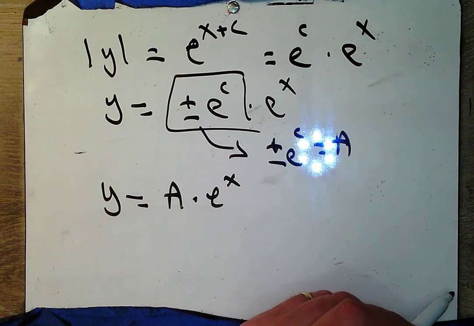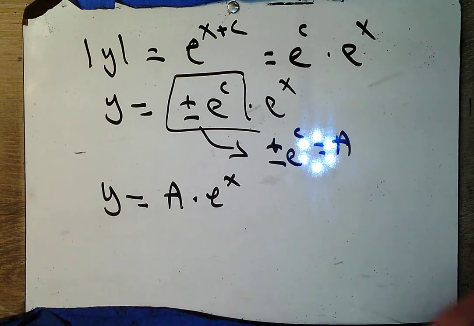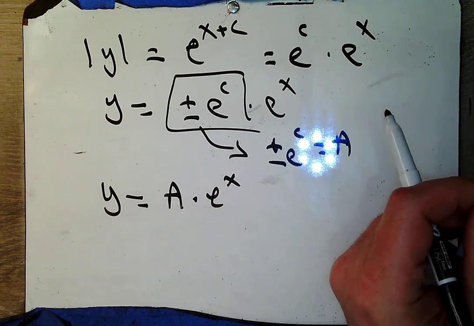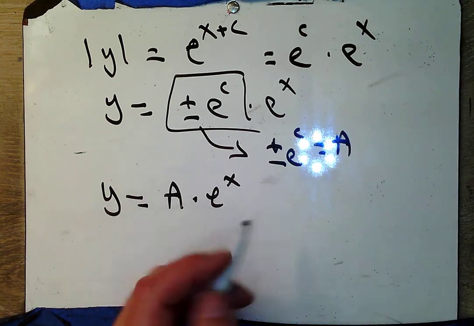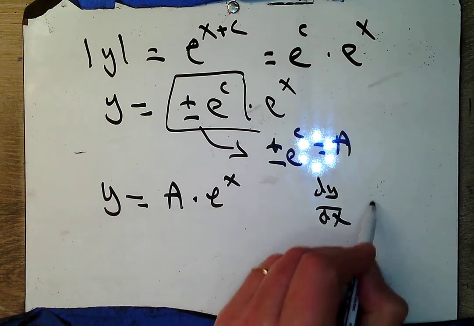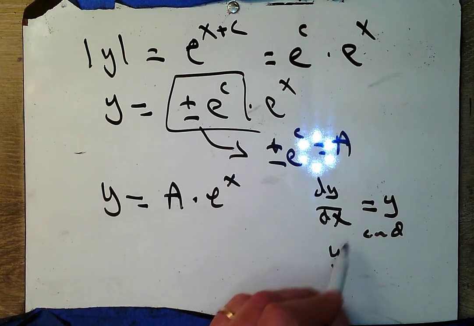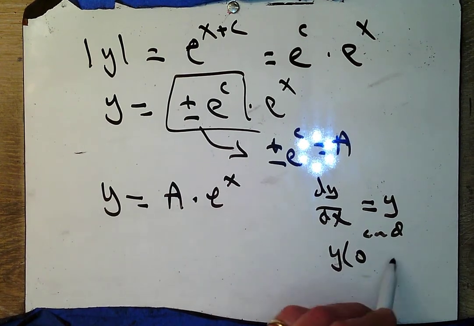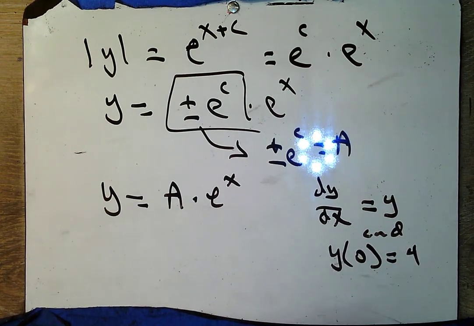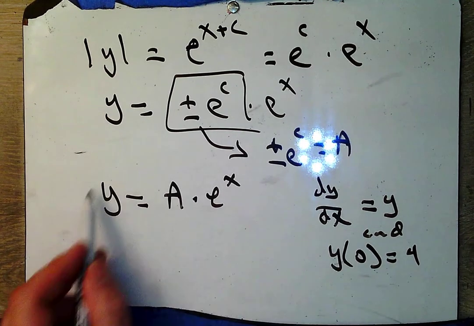Okay? Now, if this were an initial condition problem, like the ones we're going to talk about today, we would give you some kind of an initial condition at this point. You know, we would say, okay, dy dx equals y, and y of 0 equals 4. So now, I don't want to have a general solution.